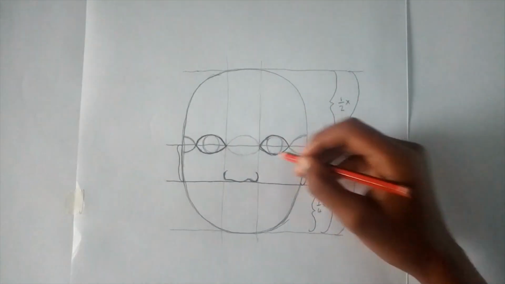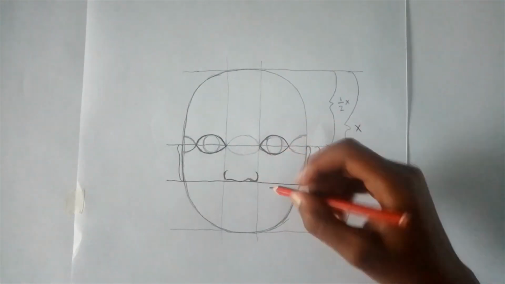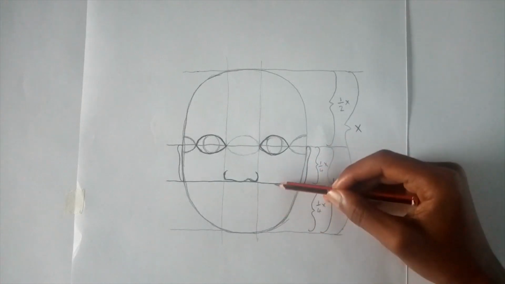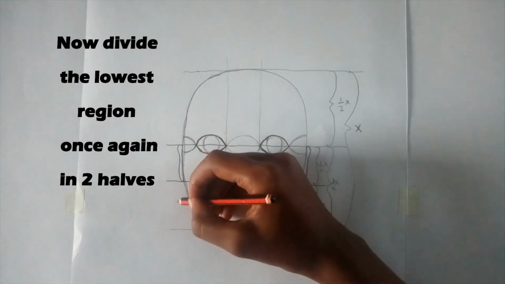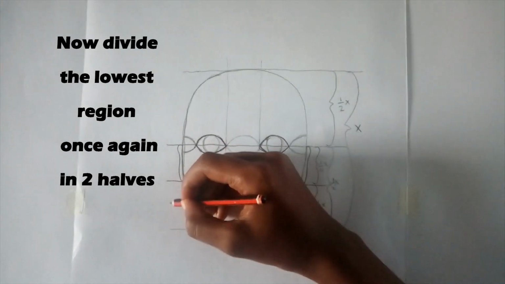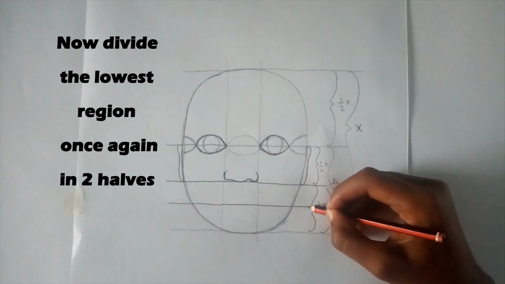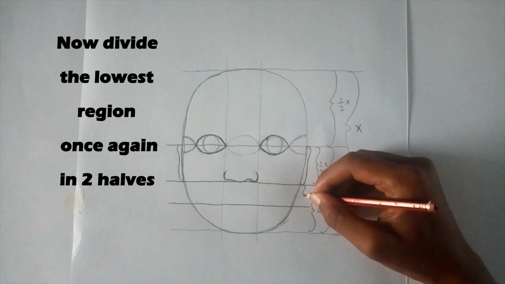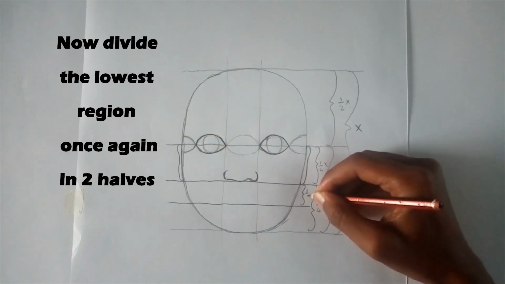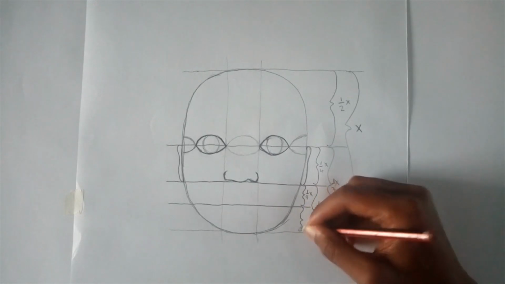So we only have to place our mouth. We get to the lower half of this half, and now cut it into half, like that. It's going to be an 8x, and the lowest one an 8x.